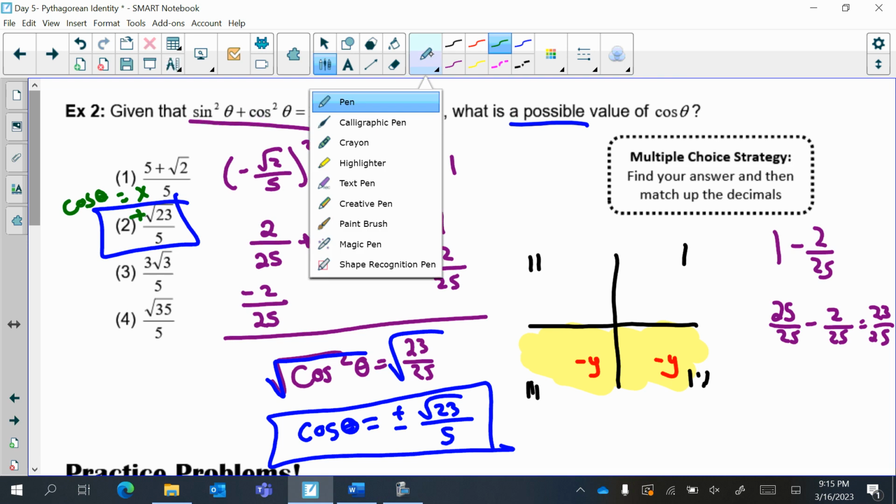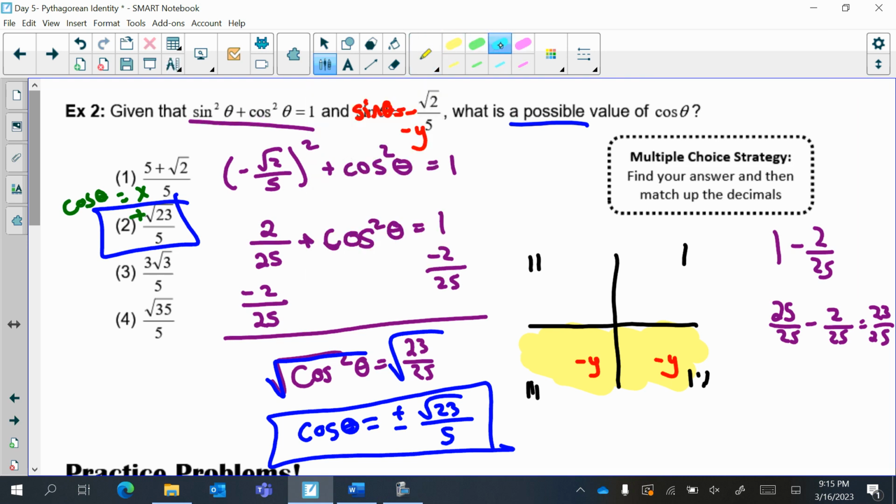So, your x coordinates are positive on the right. You have positive x values here. So, we're really talking about this answer being in quadrant 4. Or rather, a possible answer is something in quadrant 4.